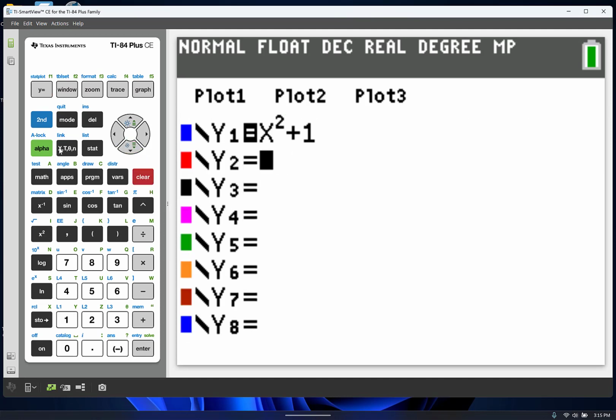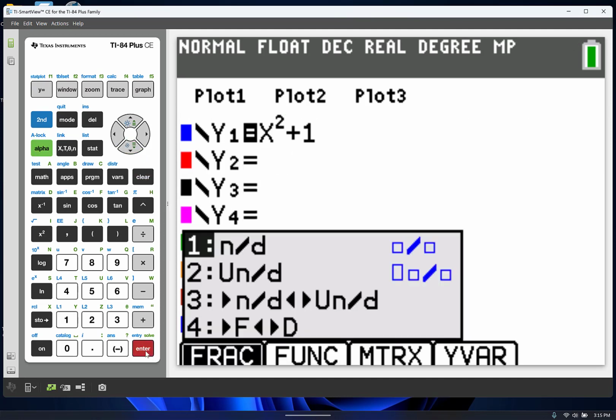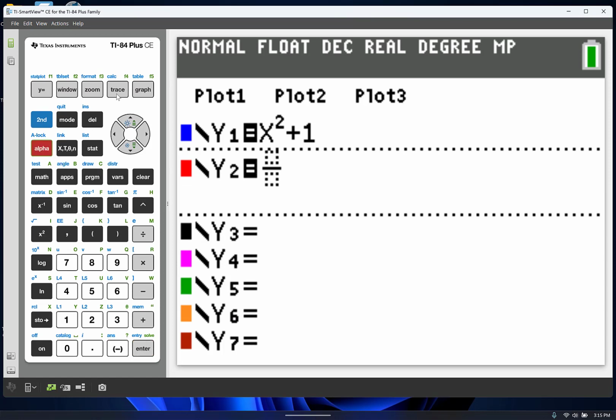I'll show you 2 different ways, or 3 different ways. Alpha trace y1 of 1 plus x minus alpha trace y1 at 1, over x. Okay, sorry guys, here we go.